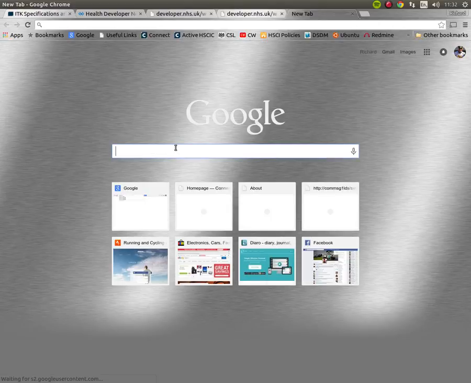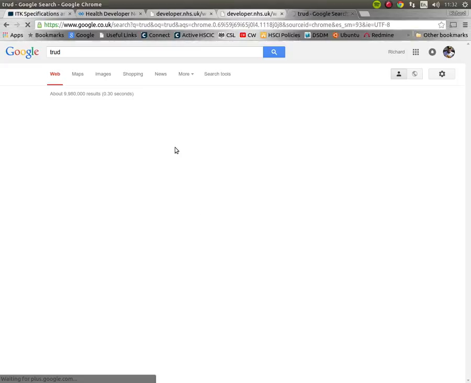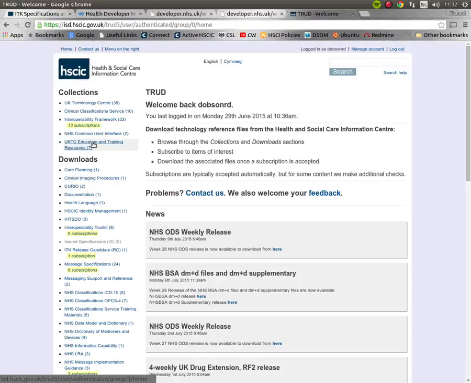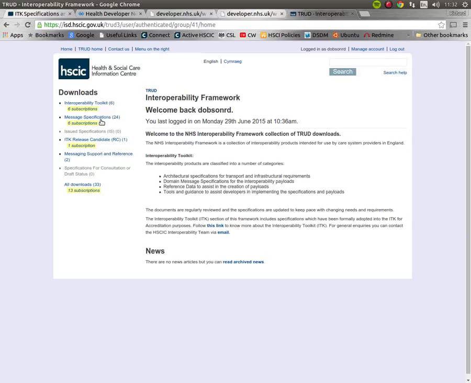So if we take a look at TRUD, as users of TRUD, you'll have to register for an account, but that's a relatively quick process just to set up an account. You see on the left hand side that we've got a set of collections. Under the interoperability framework, there are 33 specifications or packs published.